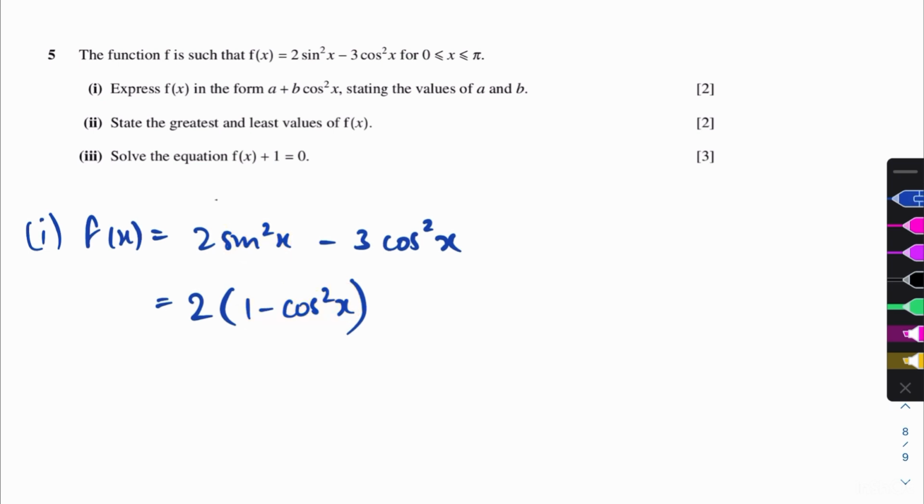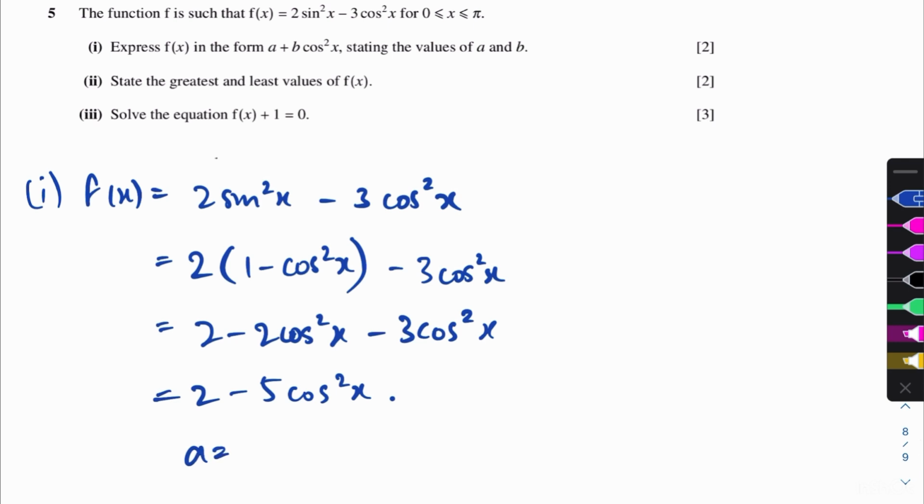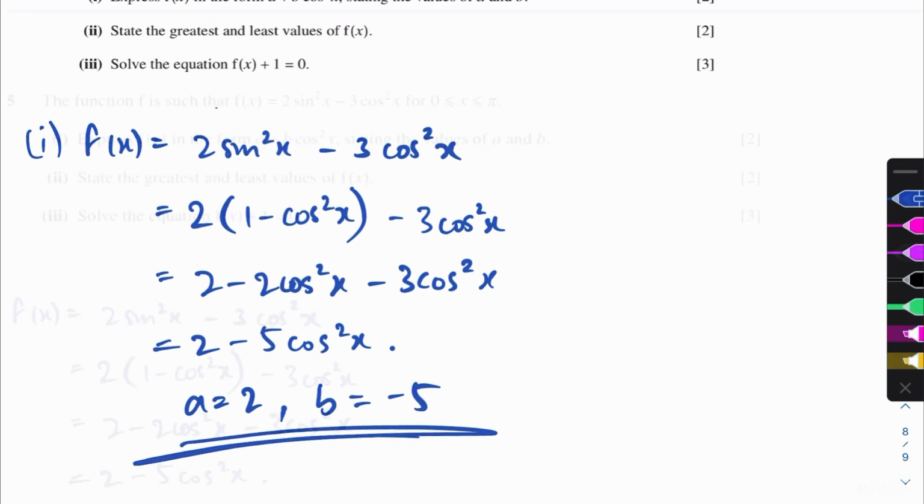And then the 3 cos squared just stays the same. If we expand this out, 2 minus 2 cos squared x minus 3 cos squared x equals 2 minus 5 cos squared x. So a here is 2 and b is minus 5. And you have to put the minus in because they've given b as a positive thing there. So that's part 1 done.